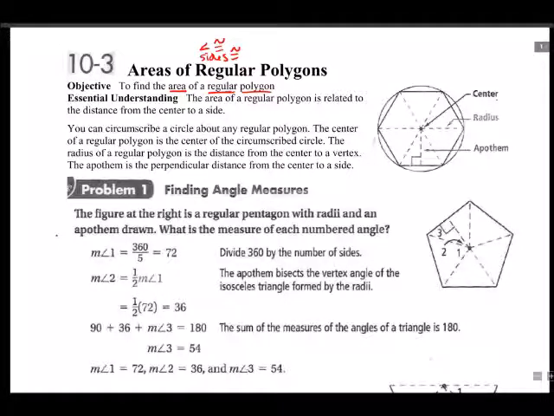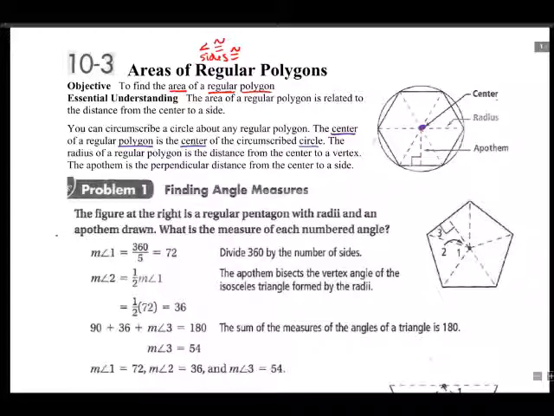If you circumscribe a circle about any polygon, and you remember circumscribe means to draw a circle around the outside of our polygon, intersecting all of the vertices, the center of our regular polygon is the center of the circumscribed circle. So here is our center.